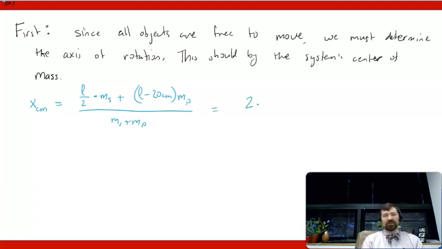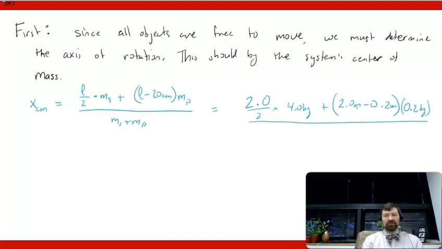So this ends up being 2 meters over 2 times 4 kilograms plus essentially 2 meters minus 0.2 meters times 200 grams, which is 0.2 kilograms, all divided by 4 kilograms plus 0.2 kilograms.